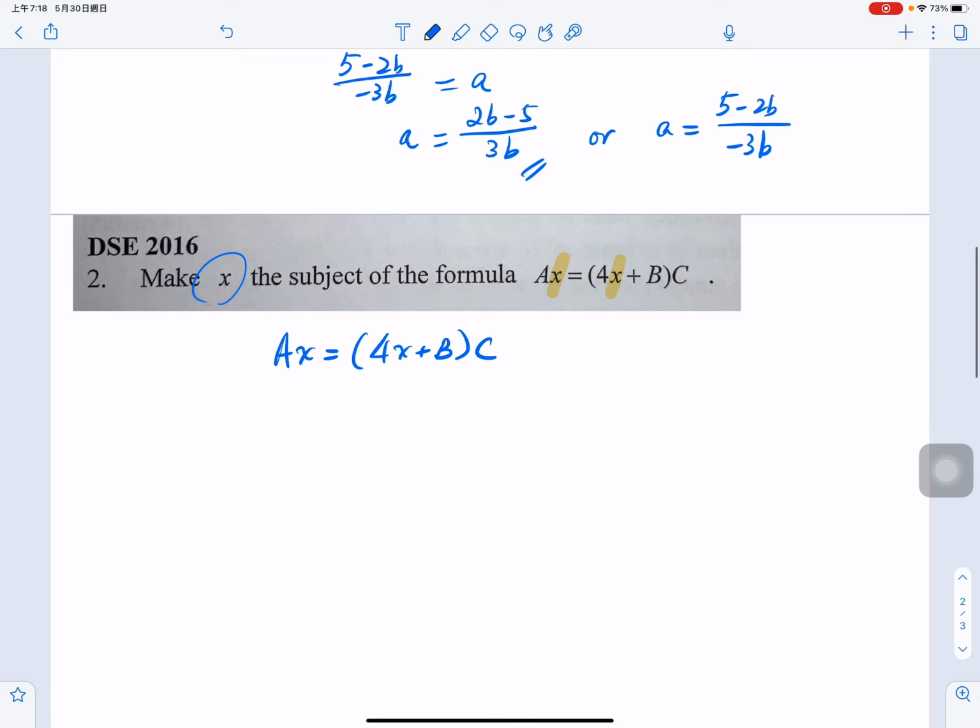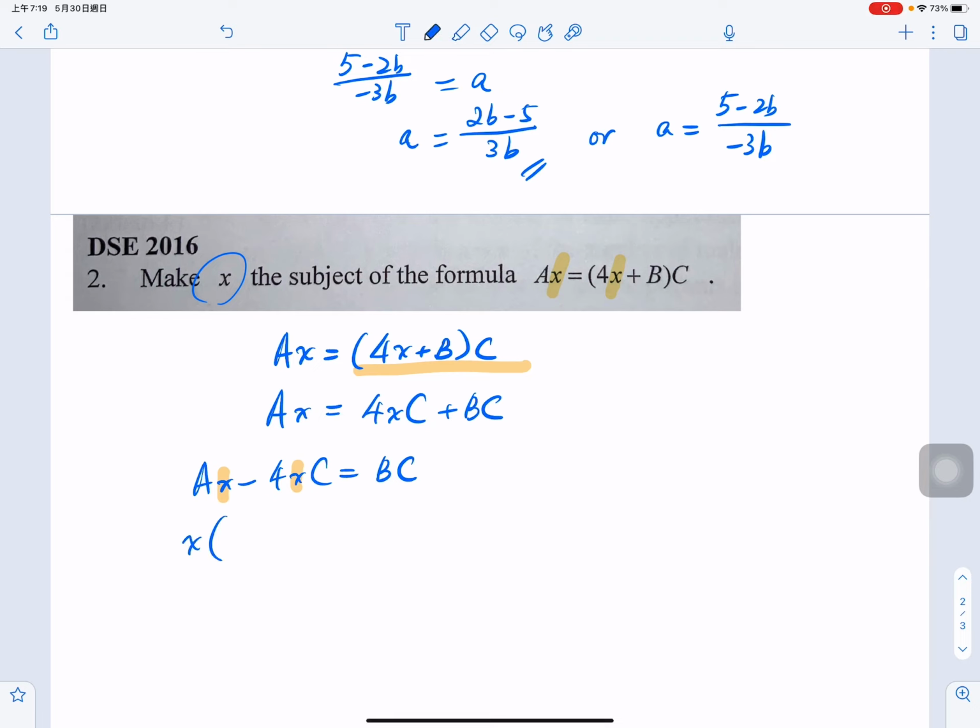Okay? Then next, you need to expand this part. So 4xc plus bc, right? Group all together x. So it becomes this one. And here we have the common factor x.